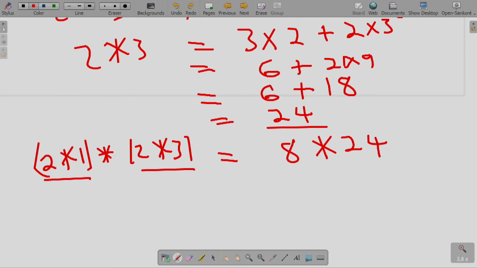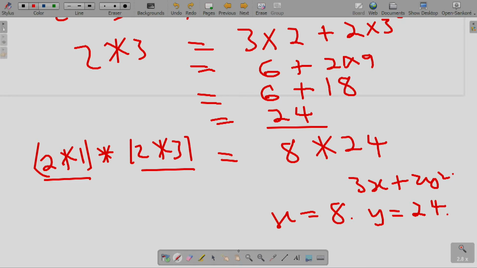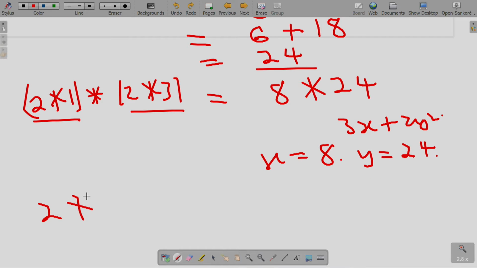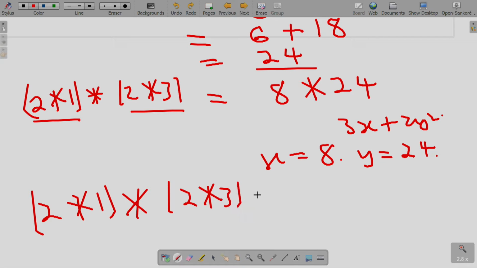Now from our formula, 3x plus 2y squared, x is equal to 8 and y is equal to 24. Therefore 2 star 1 star 2 star 3 is equal to 3 times 8 plus 2 times 24 squared.